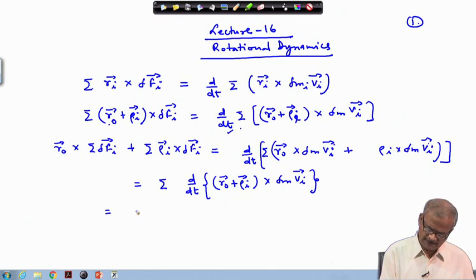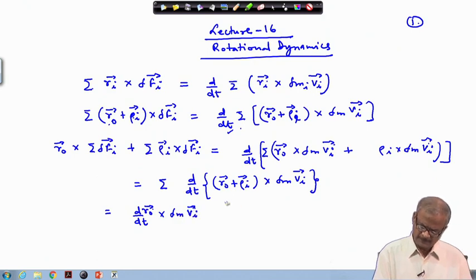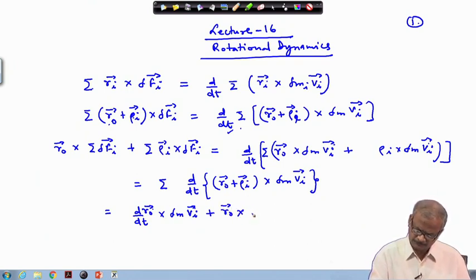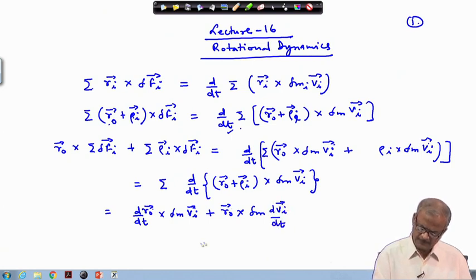So this can be reduced to the following. We differentiate this first: dR0 by dt cross delta m v_i, plus R0 cross delta m dv_i by dt.